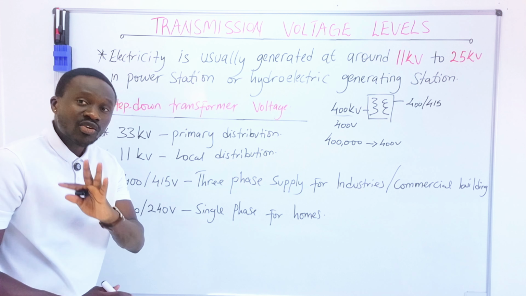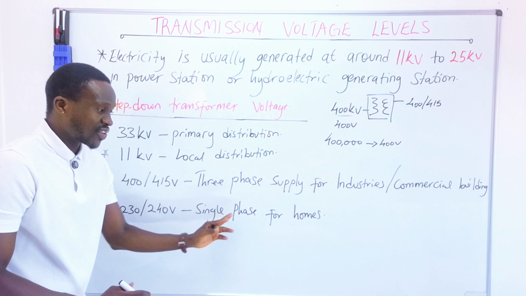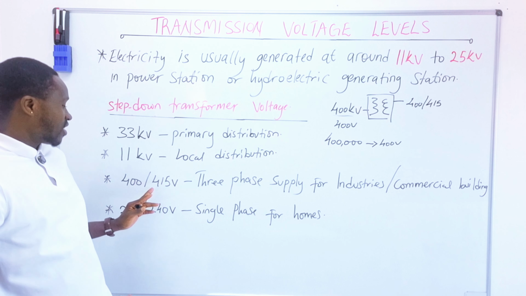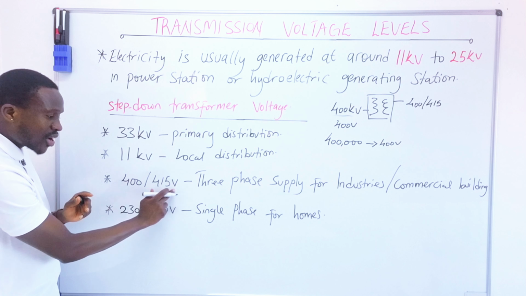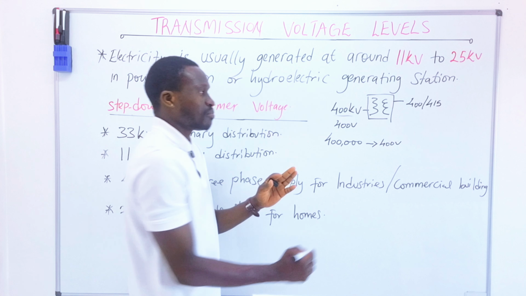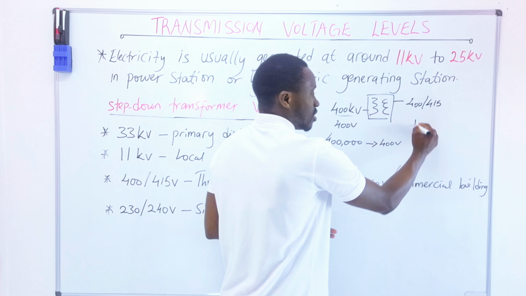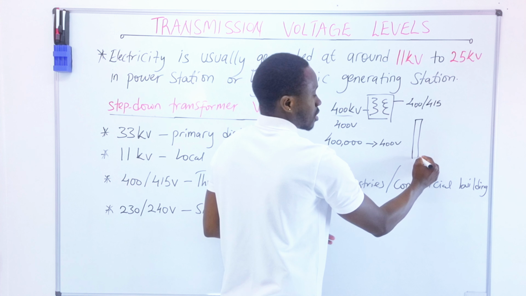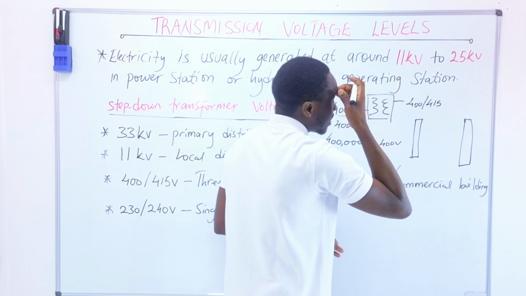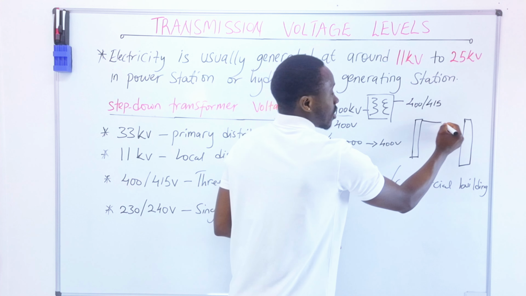This is the single phase. Single phase, I mean, let me go back a little to the 400. When you say 400 or 415, that is three phase. Three phase means, this is the pole, this is another pole. When it is three phase, it means there is a phase.